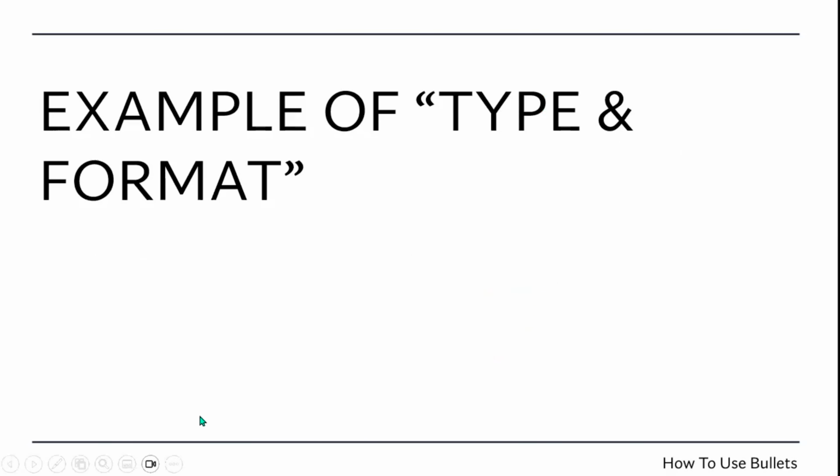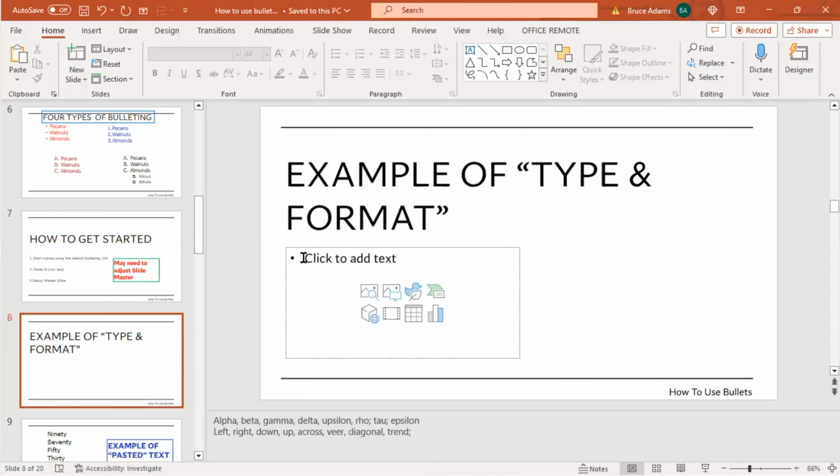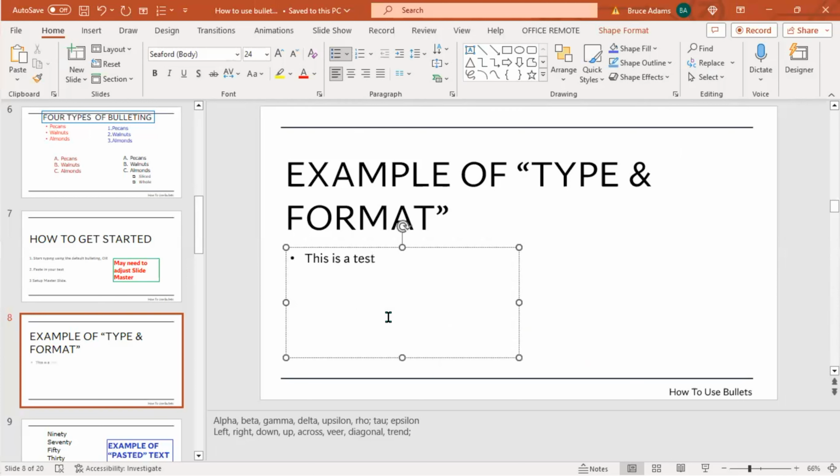So here's an example. Let's drop out of slideshow view and show you. You see the box, you see the default bullet, you just start typing. Pretty easy.